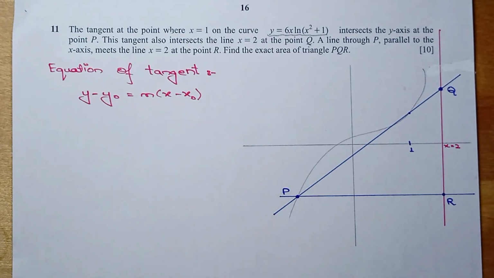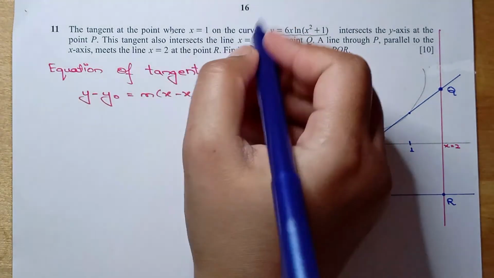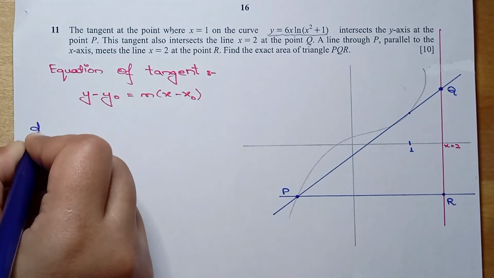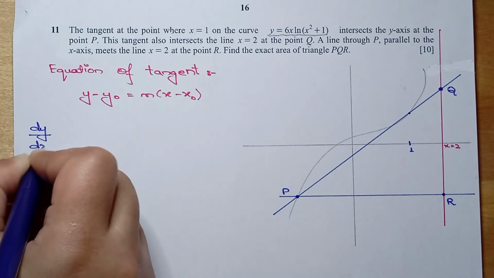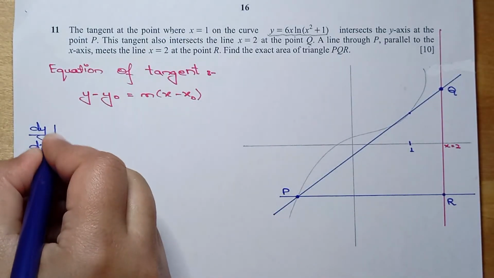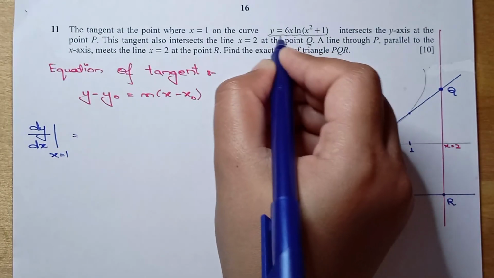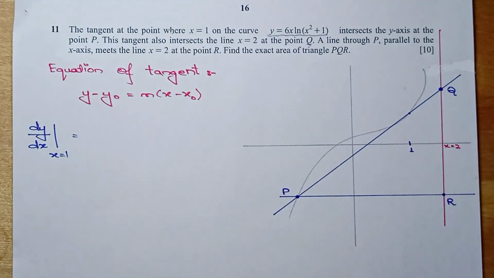M is the gradient. So first we need to find the gradient of this curve. So gradient is basically the derivative, so we need to find dy over dx at x is equals to 1. Right, so we have a function y equals to this, so it's a product rule we need to apply.